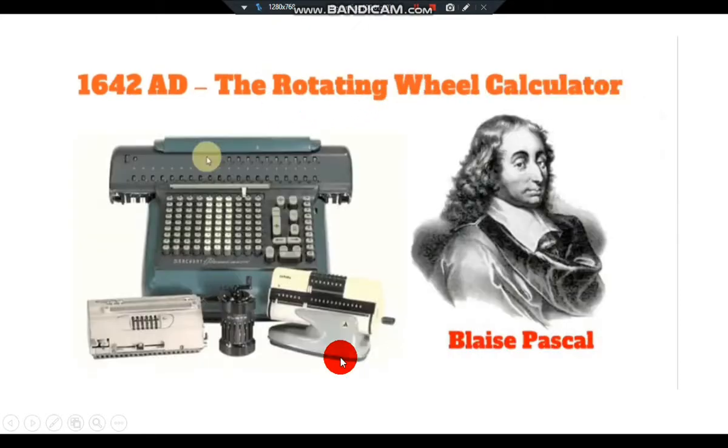Then the rotating wheel calculator was developed by Blaise Pascal in the year 1642 AD. This machine is also used for calculations.